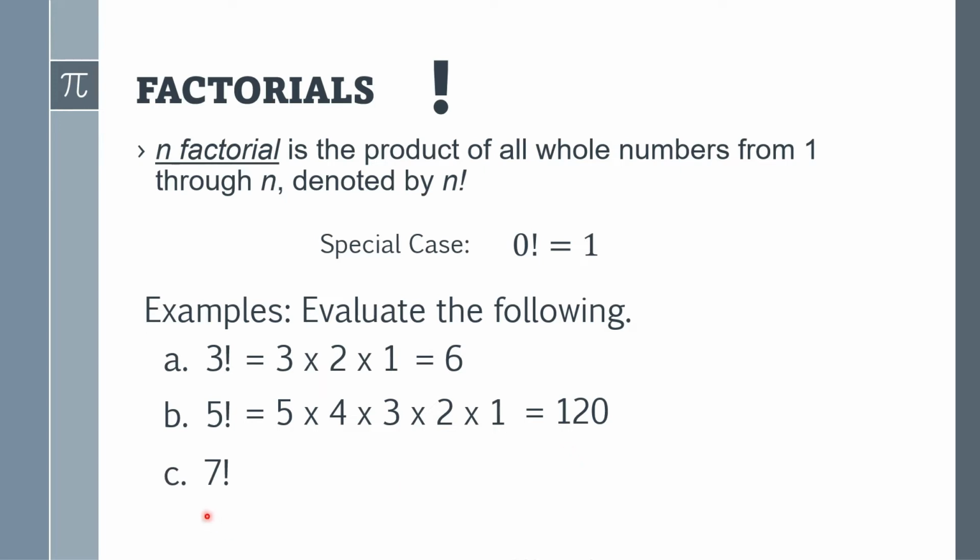Letter C, 7 factorial. We will just get the product of 7 times 6 times 5 times 4 times 3 times 2 times 1, and the answer is 5040. That is how we are going to get or evaluate factorials.